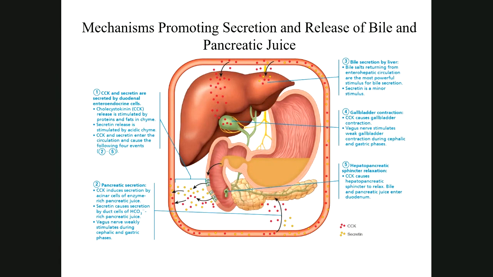Once in the liver, the CCK will cause the gallbladder to contract, but not only the CCK, but also the vagus that is stimulating, causing cephalic and gastric phases. The gallbladder is also weakly stimulated, contracted over here.